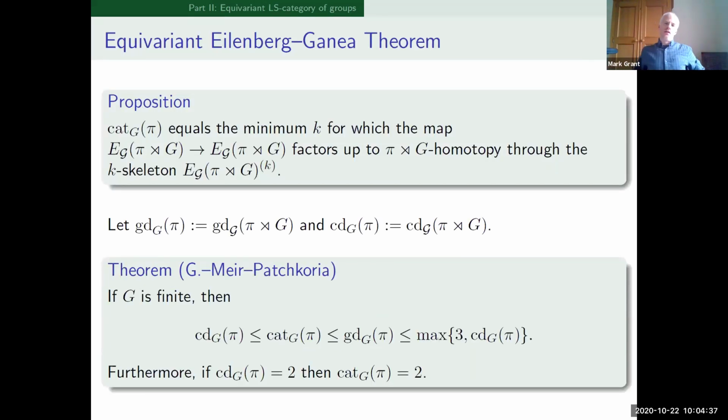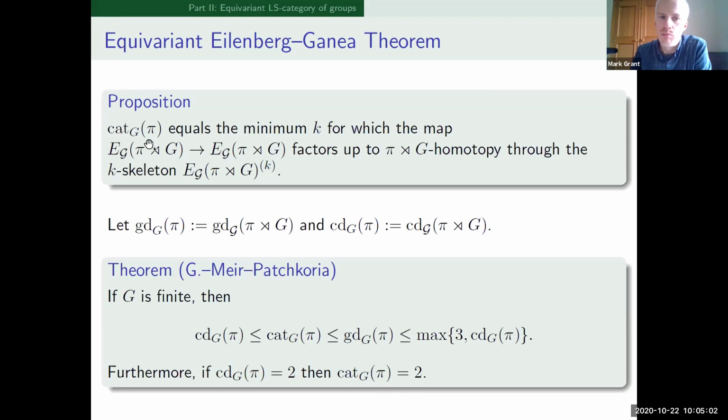And then you can show, using much the same method as we did for TC, that the equivariant category of the group is the smallest k such that the map, well, this time it's the identity map on this classifying space, factors up to equivariant homotopy through the k-skeleton.